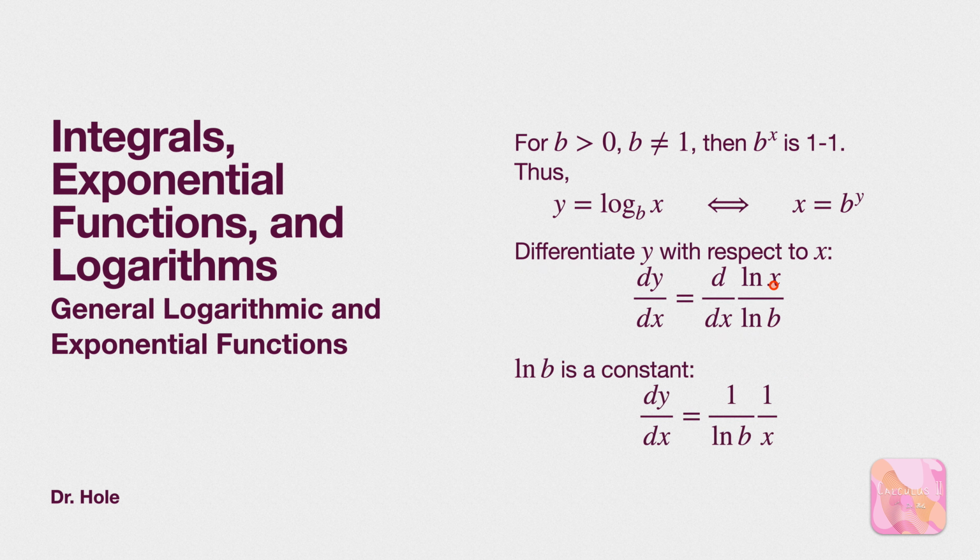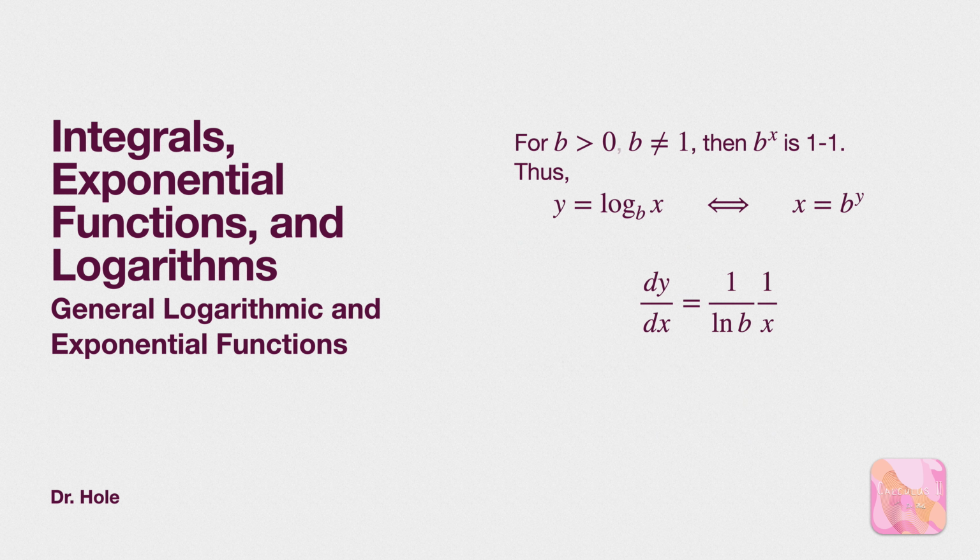And we know constants pull through the derivative, and we know how to differentiate the natural log of x. It goes to 1 over x. Beautiful. That's it. We're done.